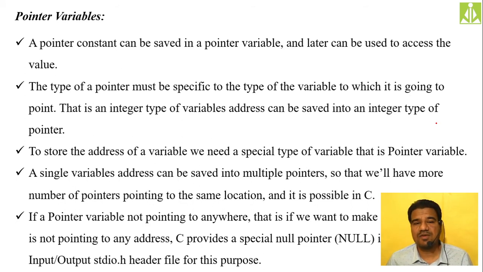So in that same way, when you are creating a pointer, and if your pointer is not assigned to anything, it will have some garbage address. That garbage address is ultimately going to point to some memory location in your computer.